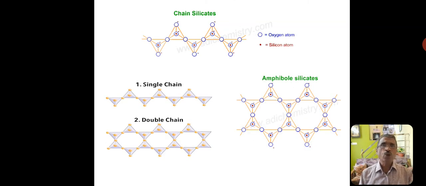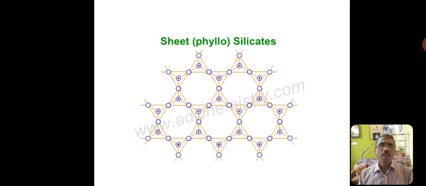Here I have shown the chain silicates, how the chain silicates look. The students, you must practice to draw these structures. Now in the chain silicates, you have single chain silicate and I have also shown the double chain silicates. These double chain silicates are also called amphibole silicates. Now, this is an example of the sheet silicates, how the sheet silicates look.